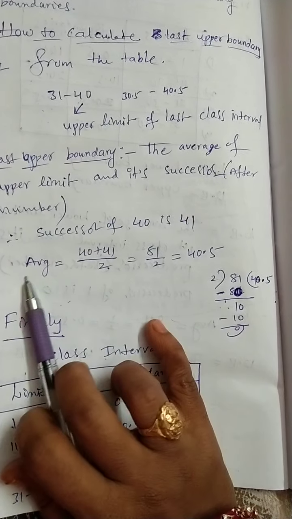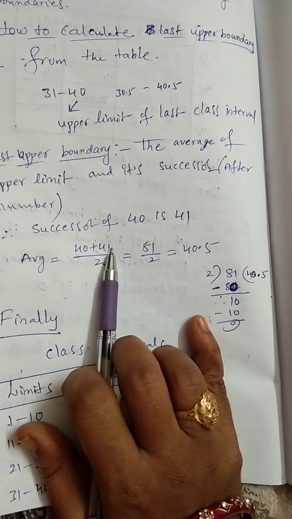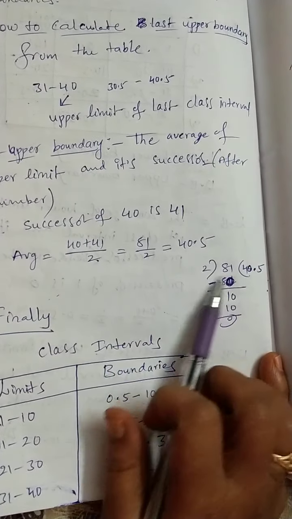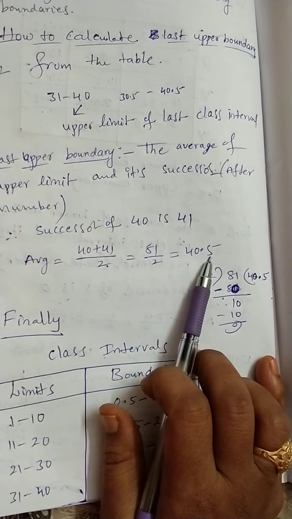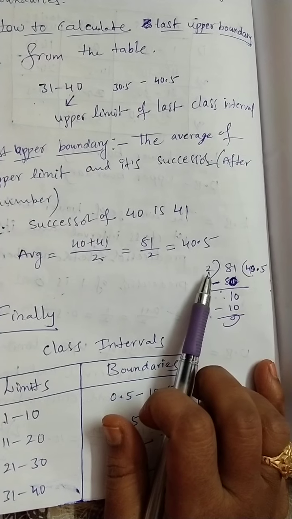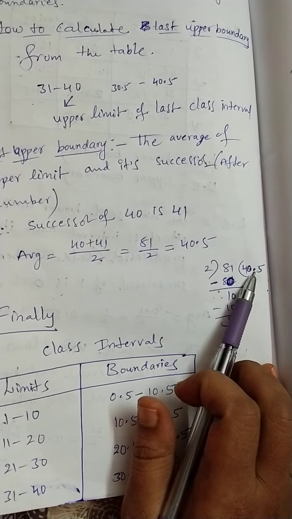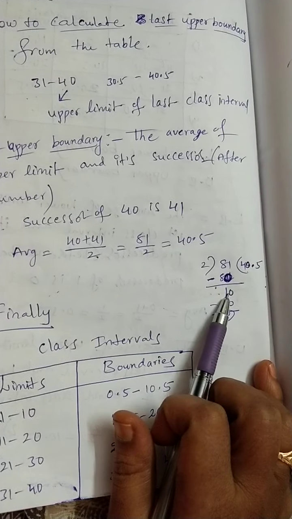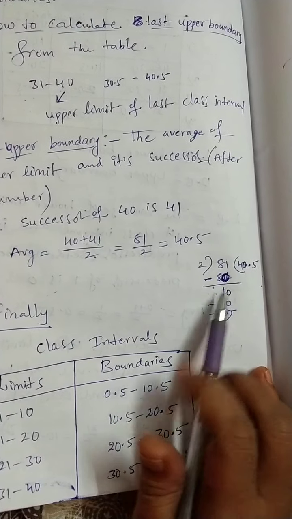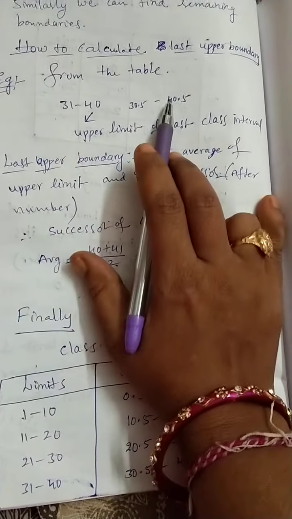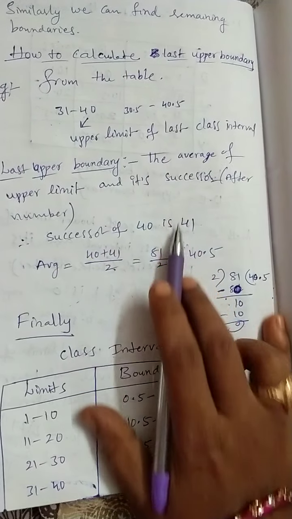The average of 40 plus 41, then 81 by 2. If you divide, you will get 40.5. How? Two 40s are 80, 1 is the remainder, take the decimal point, you get 0 here, two 5s are 10, so you get 40.5. So the last upper boundary is 40.5.